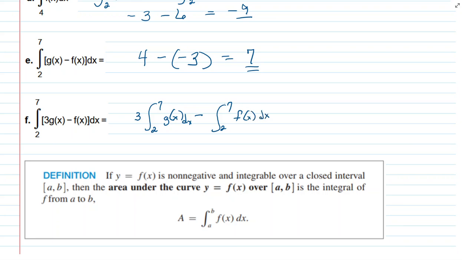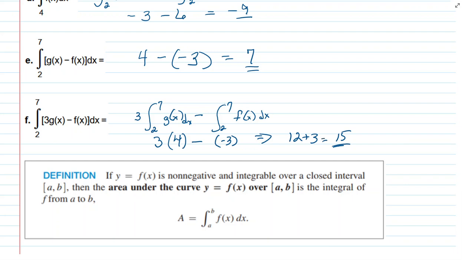Now we'll drop in the values that we know. g is the 4, minus, and the f of x is the negative 3. So that would give us 12 and 3, 15.